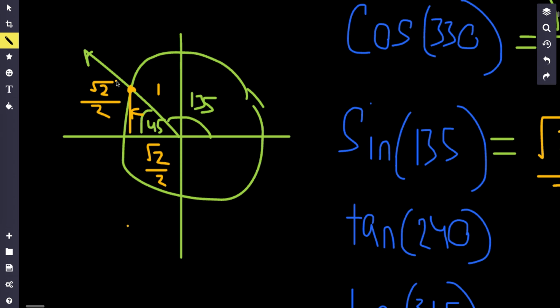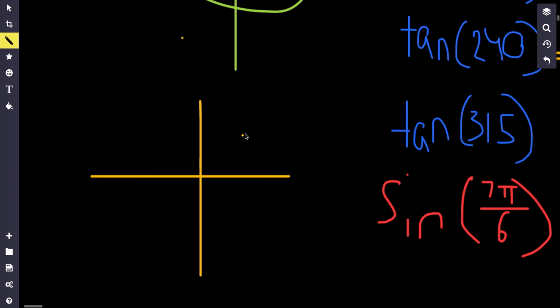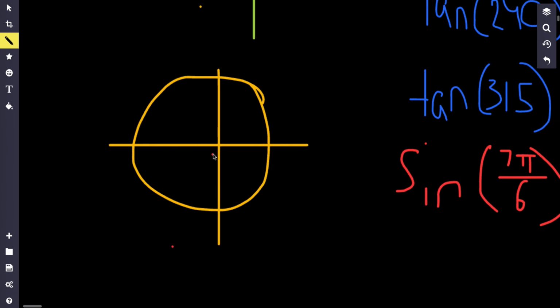Tangent of 240 degrees. Once again, draw your unit circle. 240 degrees is in quadrant 3. If this is 180 degrees and this whole thing is 240 degrees, then this tiny angle right over here has to be 60 degrees, because 180 plus 60 gives you 240.